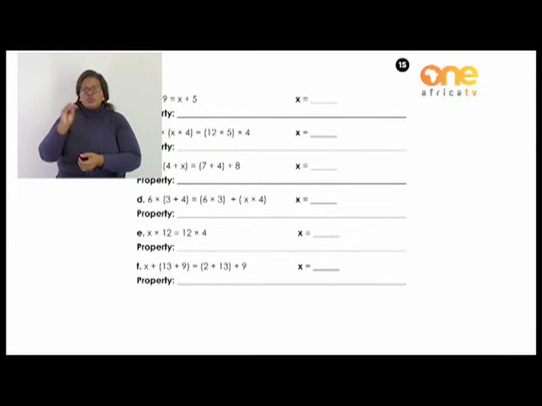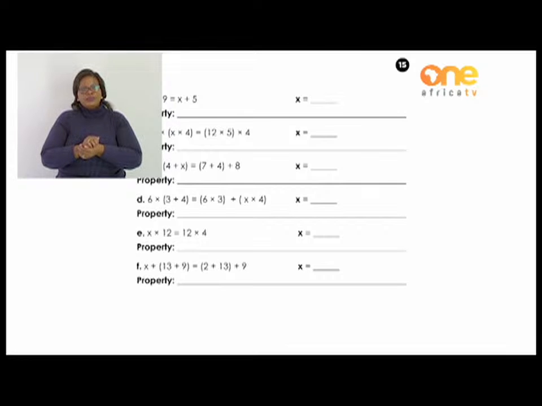So think first, don't just write any number there. And then you also need to explain what property is applied there. There is a word property. You need to explain which property. If it's associative, then you have to write it associative property. Or if it's commutative property of addition, then you have to write it in that manner.